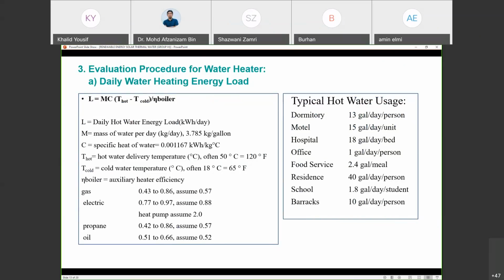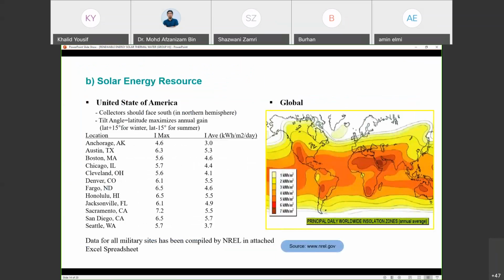L is daily hot water energy load in unit kilowatt-hour per day, equal to mass of water per day times specific heat of water and the difference of hot temperature and cold temperature, divided by η boiler, the auxiliary heater efficiency. And there's typical hot water usage for dormitory, motel, hospital, office, food services, residence, school, and barracks. All of these will be listed below.